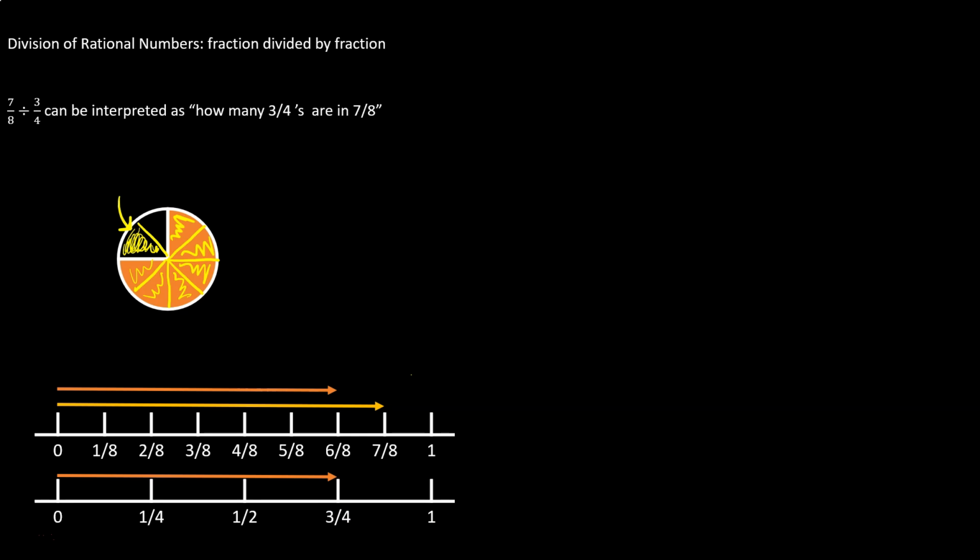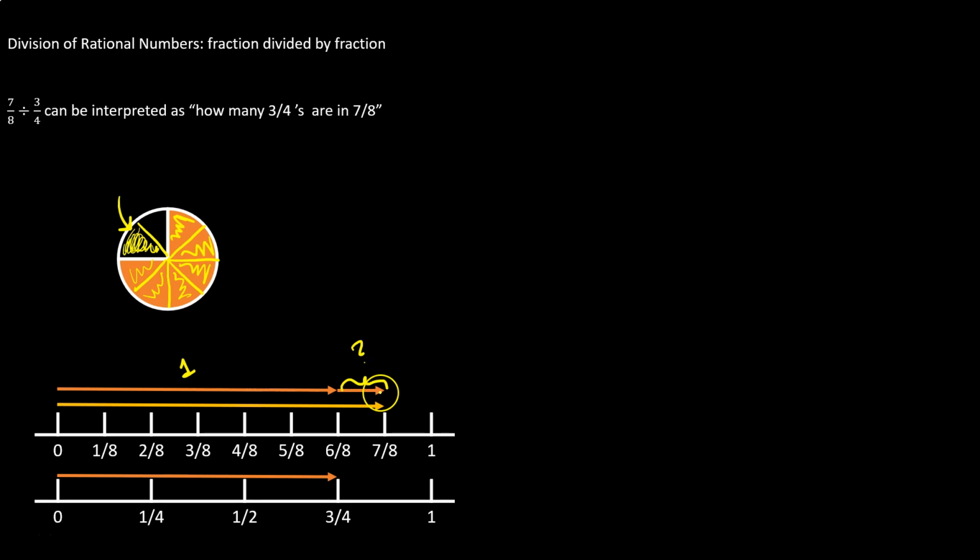Now we can see here very clearly that 3/4 does not fit completely. There's extra space there, so there's this extra part that the 3/4 isn't reaching. And if I tried to draw another 3/4 arrow, it would go well beyond 7/8. So we can fit it in once completely, but then there's a portion that's left over, and we need to figure out how much that portion is.